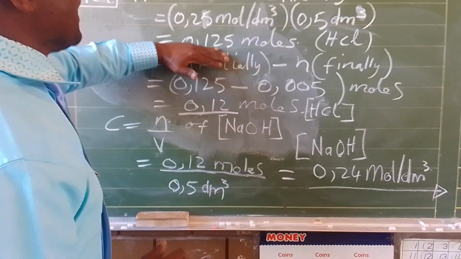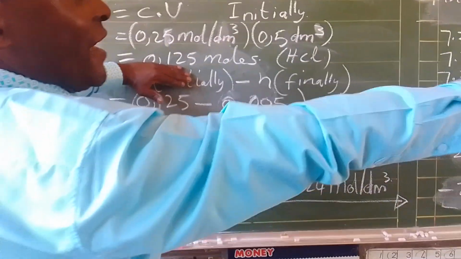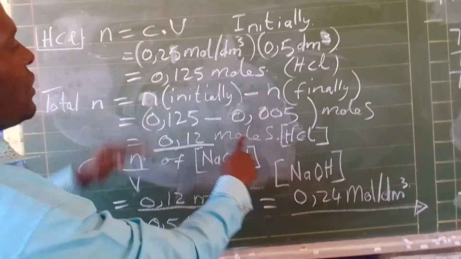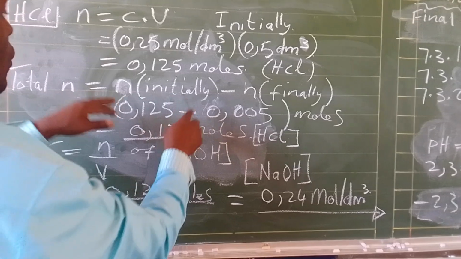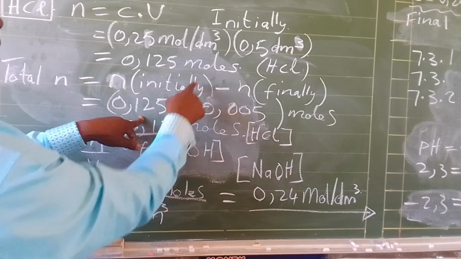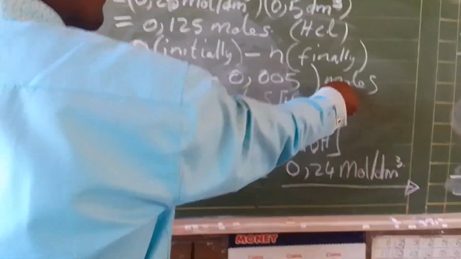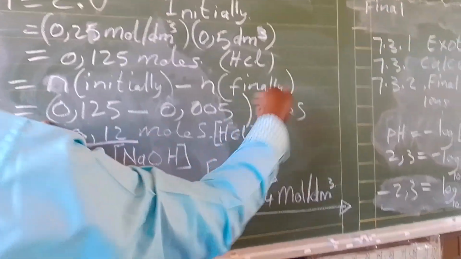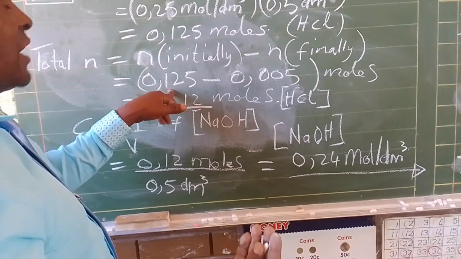Now we can subtract the final from the initial. The final was 0,005. Now you take 0,125 moles and subtract 0,005 moles of the same substance.